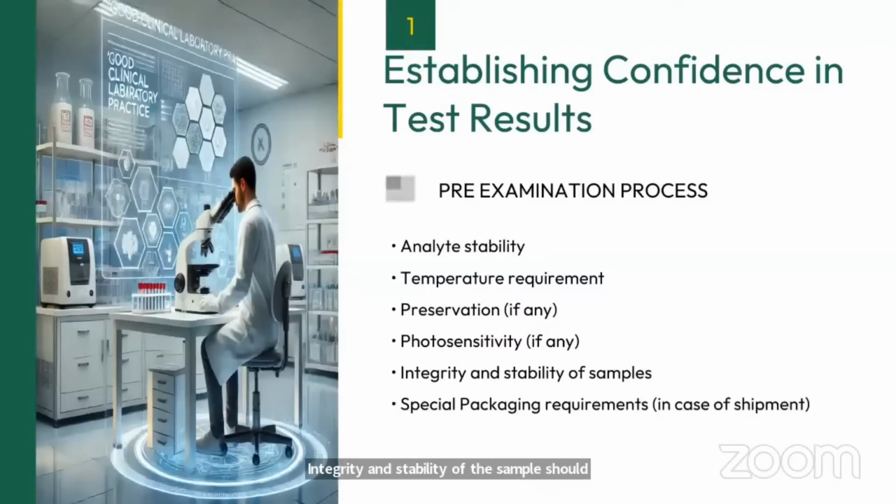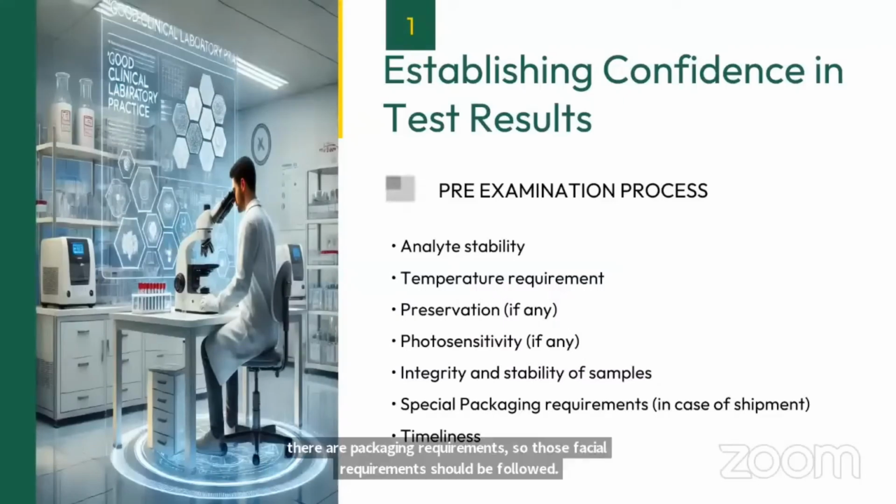Special packaging requirements in case of shipment. Please understand that if you are transporting the specimen from one part to another part or from one town to another town, then there are special packaging requirements, and those should be followed.